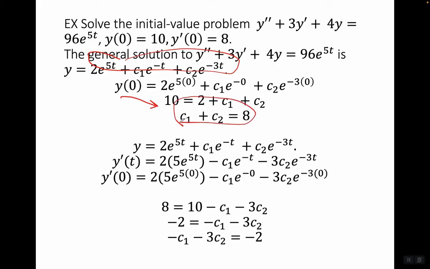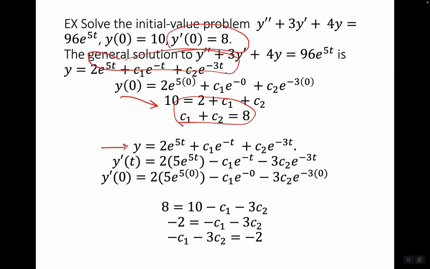We obtain the other equation by considering the fact that y prime of 0 equals 8. So let's find y prime. Here's our general equation for y, 2e to the 5t plus c1 e to the negative t plus c2 e to the negative 3t. Let's take the derivative of both sides. We get y prime equals 2 times 5e to the 5t minus c1 e to the negative t. Again, it's minus because we're taking the derivative. Minus 3c2 e to the negative 3t, because the derivative of e to the negative 3t is negative 3 e to the negative 3t.